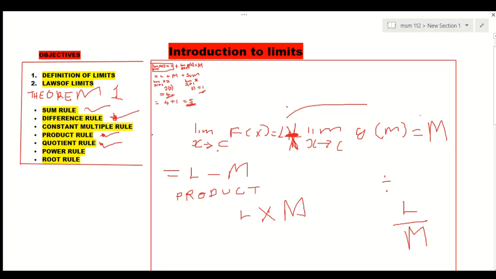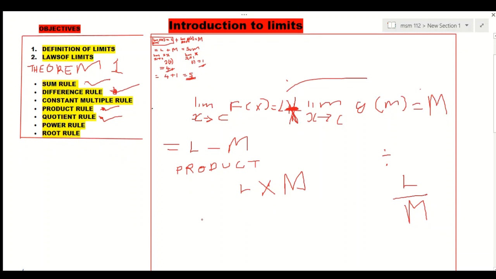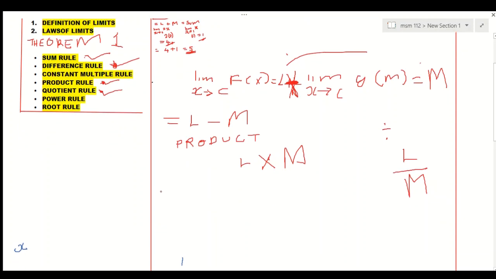Just like that. So let's talk about the power rule. In case you have a polynomial like this, a function f of x is equal to 2x squared. Then they ask you to find the limit as x approaches 1 of f of x.